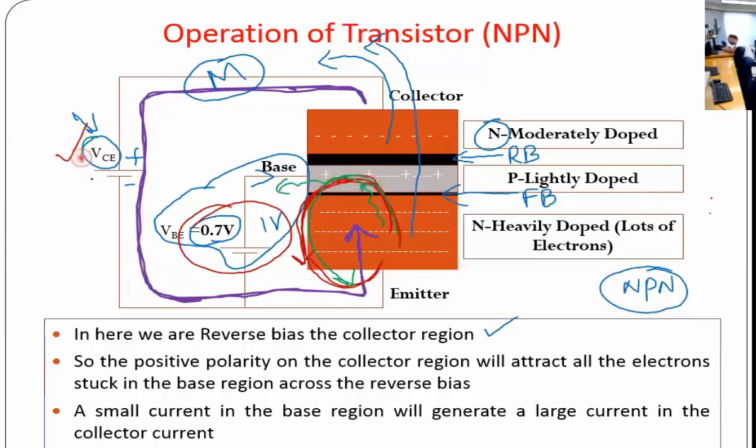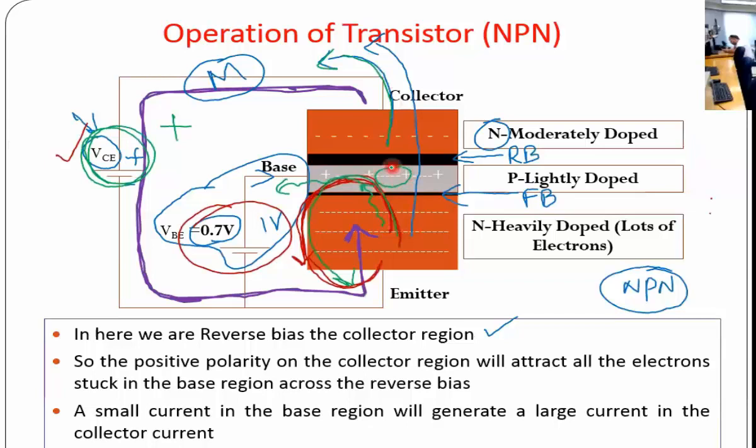So if I have this guy already, that's heavily positive, he's going to pull all these electrons because that's the positive side. And it's going to pull the electrons that are inside the P region as well. Okay. So that means the current on the base can affect the current on the collector to an extent.